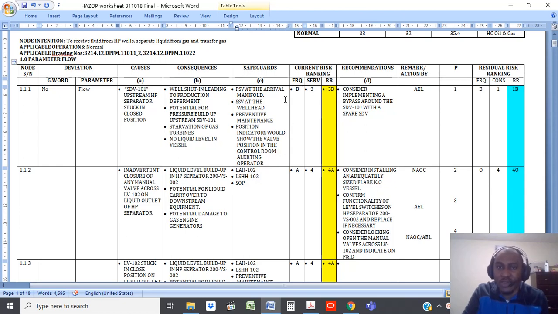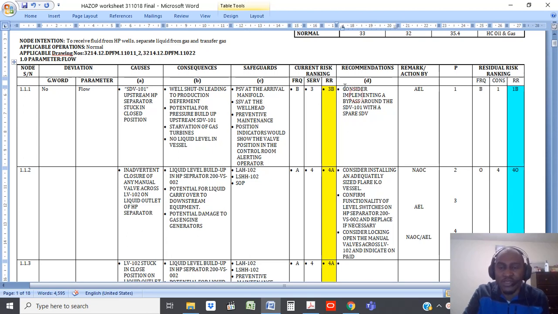It's a way of analyzing the risks to know, okay, are we operating safely? Is this a risk that we can overlook? It divides risks into low, medium, and high. High would be red, medium would be yellow or orange, and low would be green. So this is a medium risk.